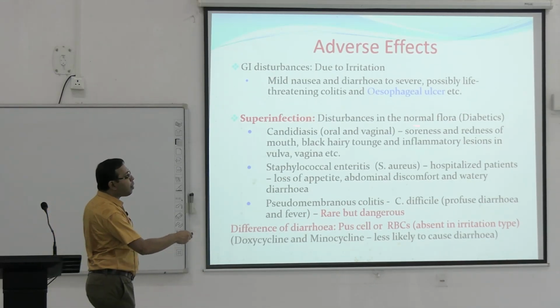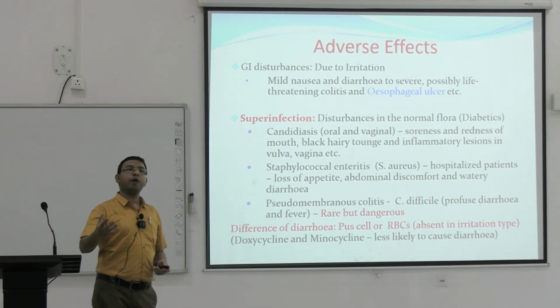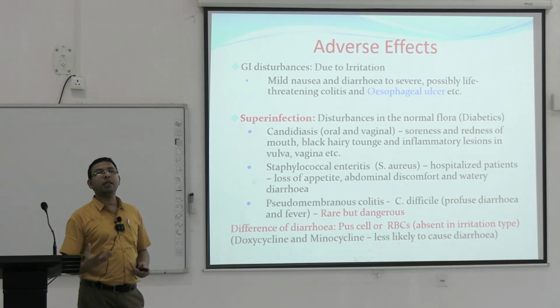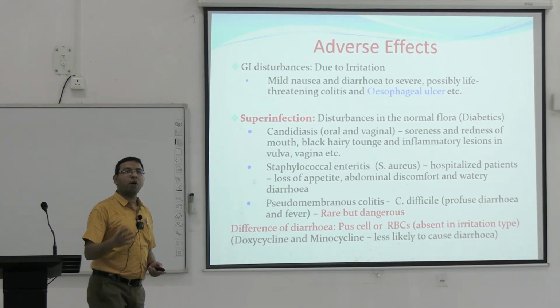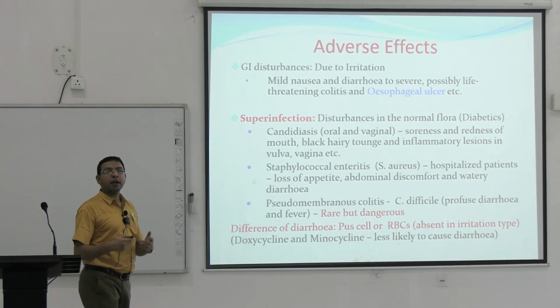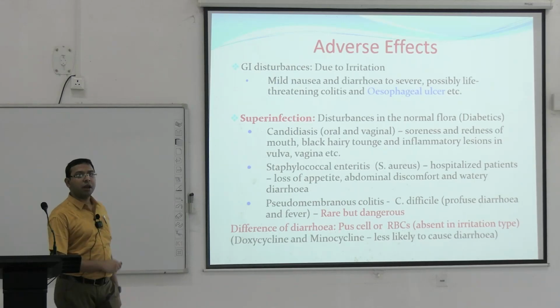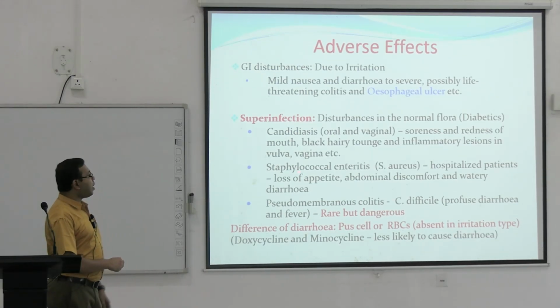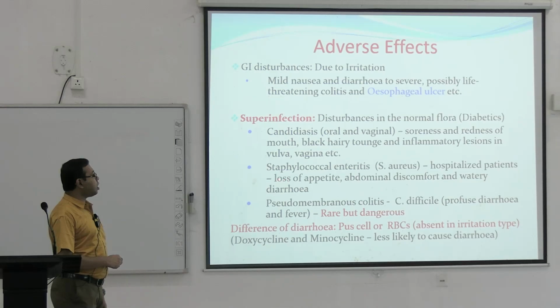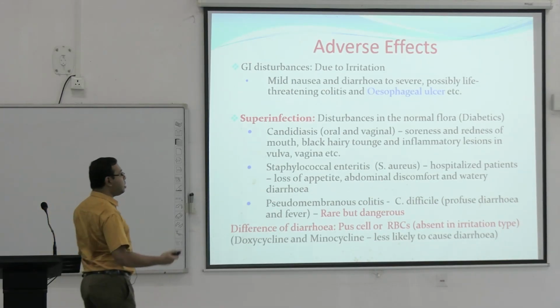This happens due to disturbance of the normal flora, since they are broad spectrum, they also kill our normal commensal bacteria, good bacteria also. For example, oral or vaginal candidiasis may develop. Soreness and redness of the mouth, black hairy tongue, and inflammatory lesions in the vulva and vagina can develop. Staphylococcal enteritis in hospitalized patients may cause loss of appetite, abdominal discomfort and watery diarrhea because the commensals in the gut are weak.